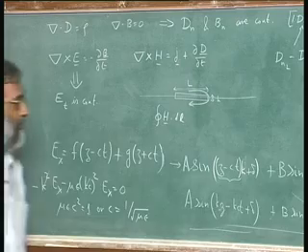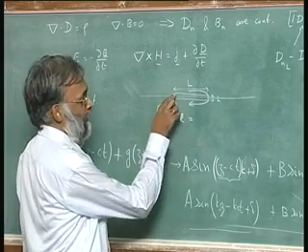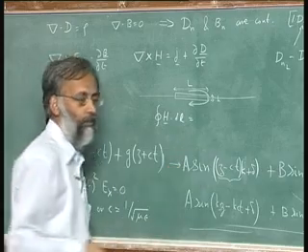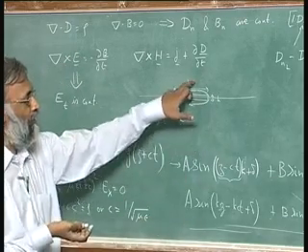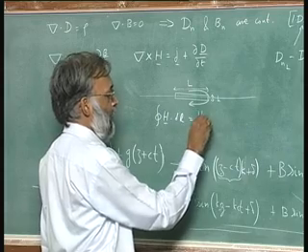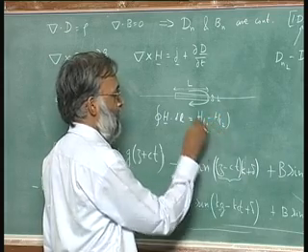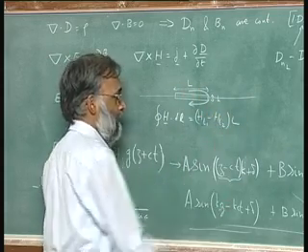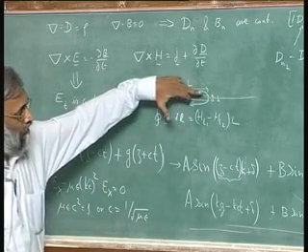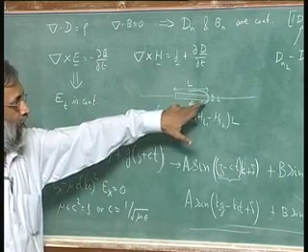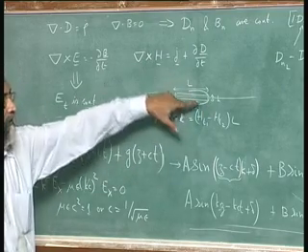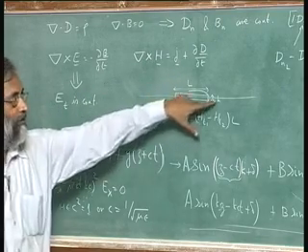Integral H dot dl on this curve: these two vertical lines hardly contribute anything because h is much smaller than L. So, it is equal to H tangential 1 minus H tangential 2 times capital L, because it is H dot dl over this section and then minus H dot dl because the direction of the integration changed on this level.